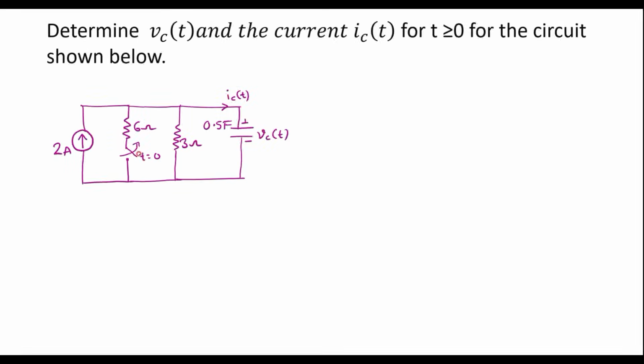The switch will get open at t equal to 0. It means that for t less than 0, the switch was closed and the circuit was in steady state. That is, if t is less than 0, the switch is closed and the circuit was in steady state.